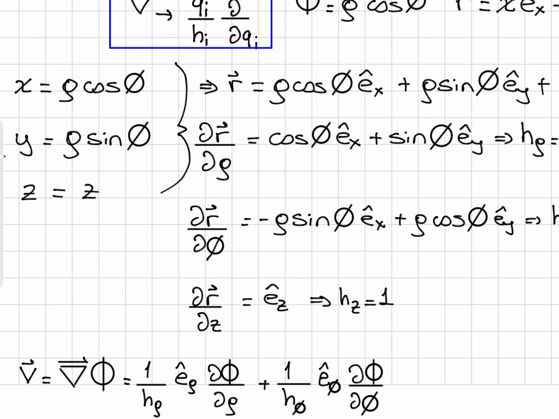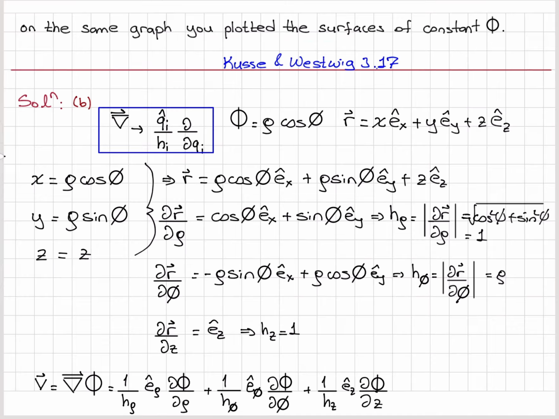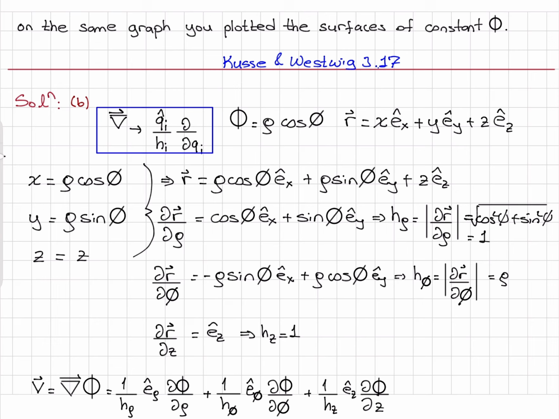And finally, I have 1 over h z, ez hat, the partial derivative of the scalar function phi with respect to the cylindrical coordinate z. Okay, and now looking at what I have for h sub rho, it's 1, so it's going to be e rho hat del phi del rho.